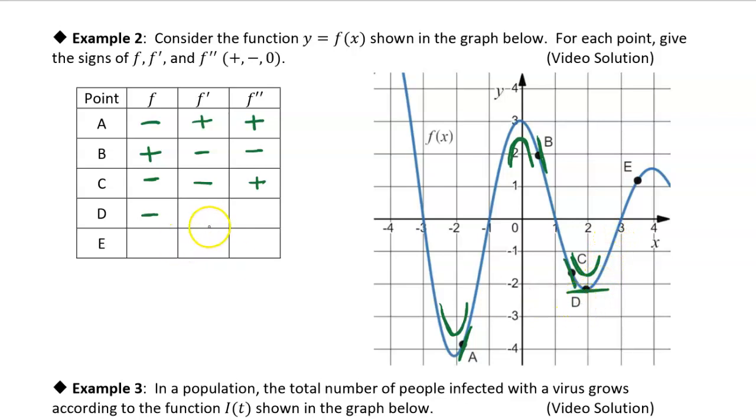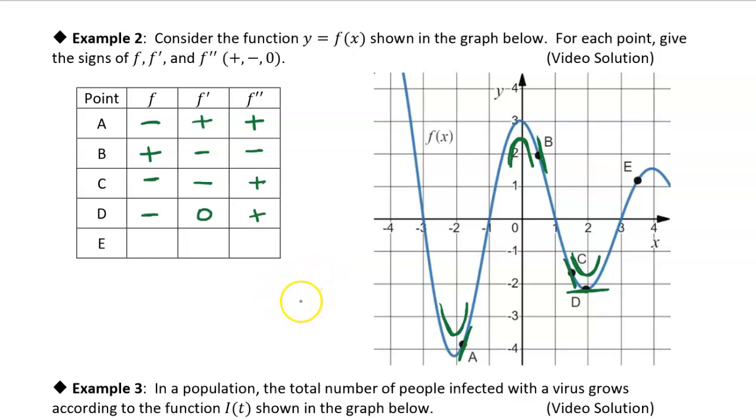So it looks like the slope of the tangent line is 0 at that point. And then the second derivative has to do with the concavity. It's the same concavity as point C. So it looks like it's concave up, so the second derivative is positive.